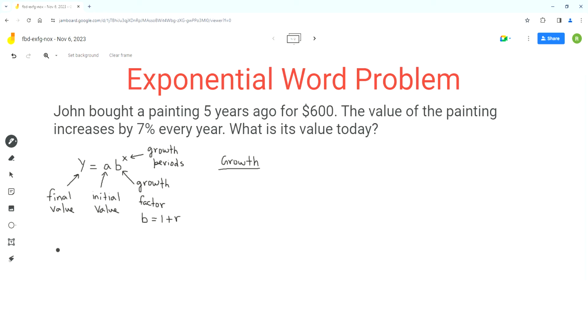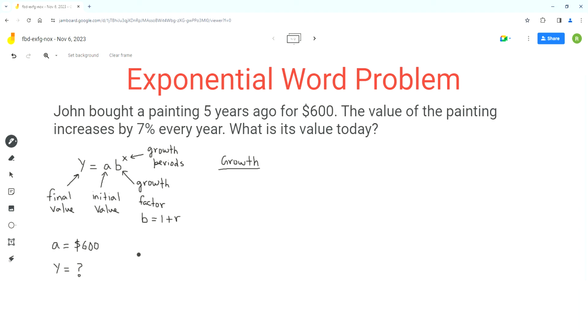So the a value here is equal to $600. There's a very important concept you need to understand and memorize for problems like this one. y here represents the final value because that's the value today and that's the unknown in this equation, and we have to solve for y.